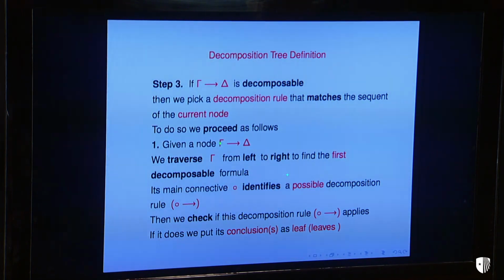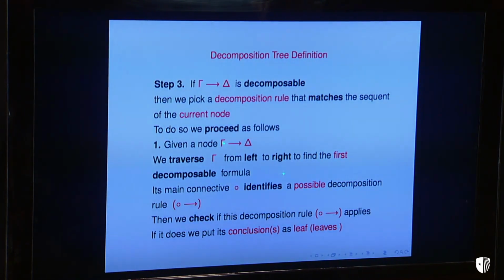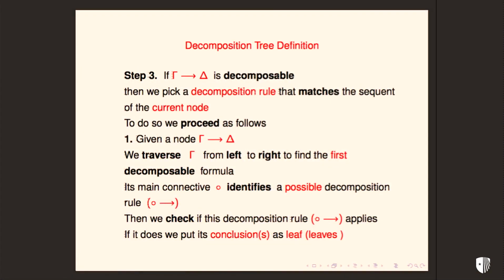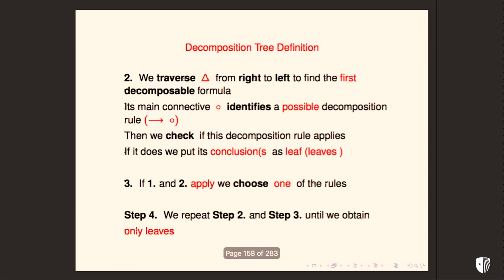Now you traverse gamma from left to right to find the first decomposable formula, and the main connective identifies the rule on the left, and we check if this decomposition rule applies. If it does, we put the conclusion as a leaf or leaves of that node.